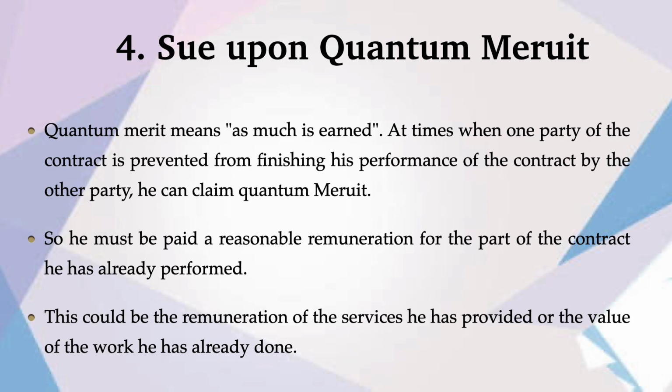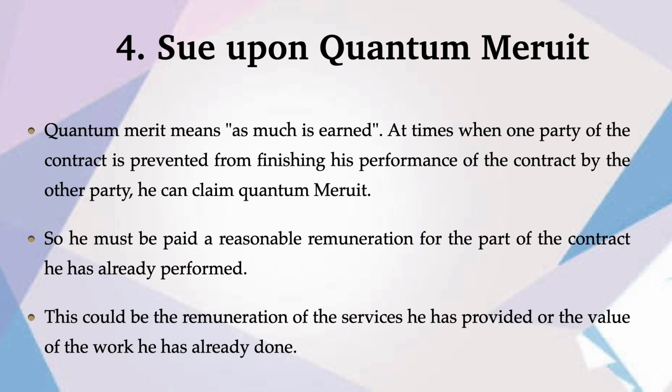So this could be the remuneration of the services he has provided or the value of the work he has already done. If the company does not want the supplier to give the raw materials, then for the 6 months the supplier has provided goods to the company, at least for that period, whatever he has performed, the company has to pay for the supplied goods.